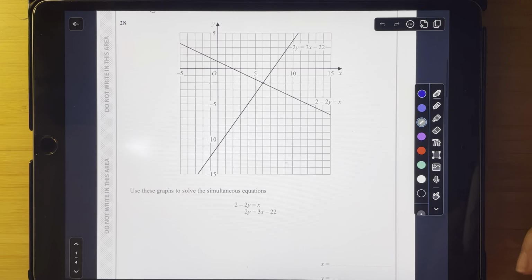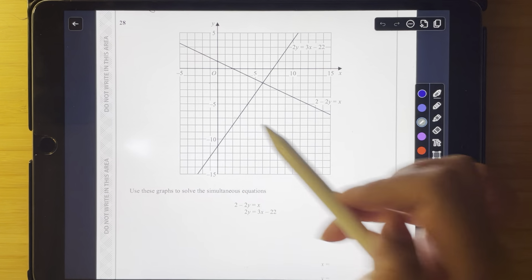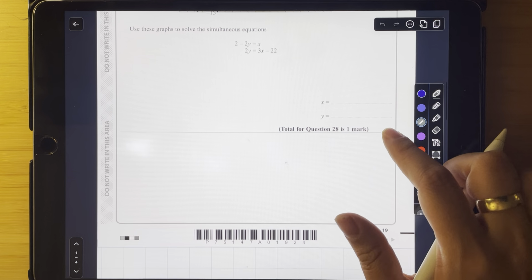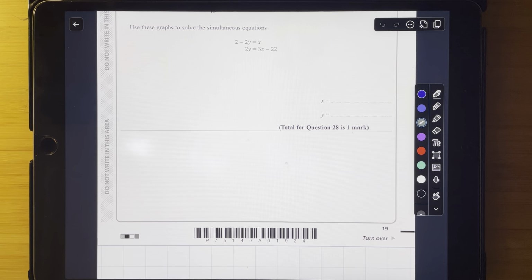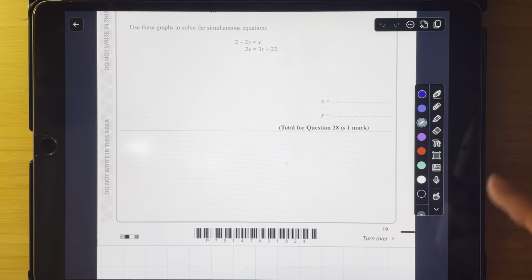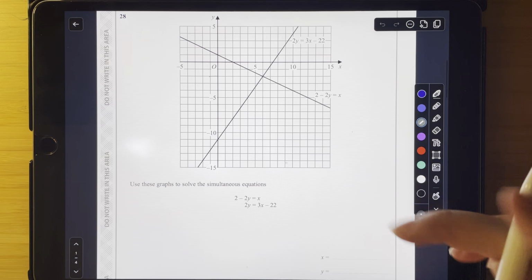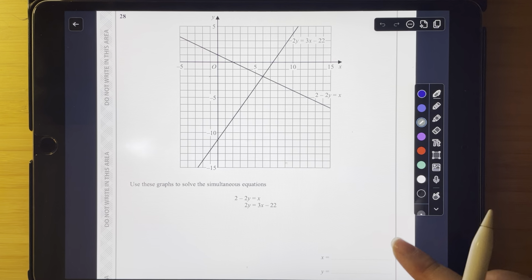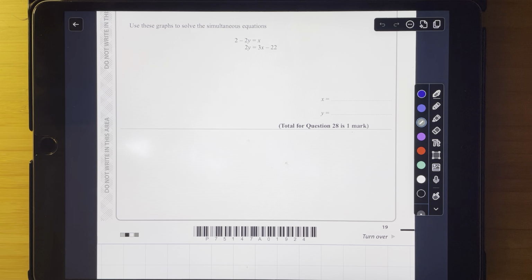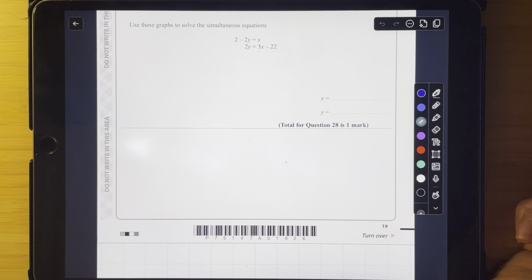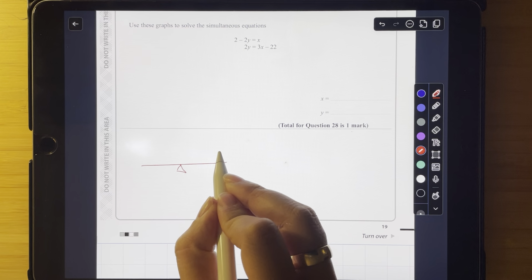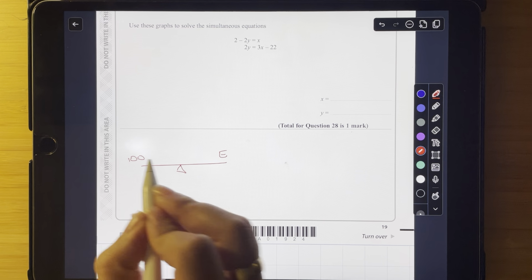So it says use these graphs to solve the simultaneous equations. However, and this is the foundation paper, sorry. However, we're just going to use the graphs to show that we have the right solution in the end. So with our previous example, we said we had like an elephant on this side and we had 100.